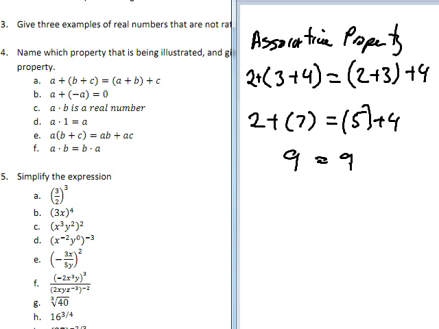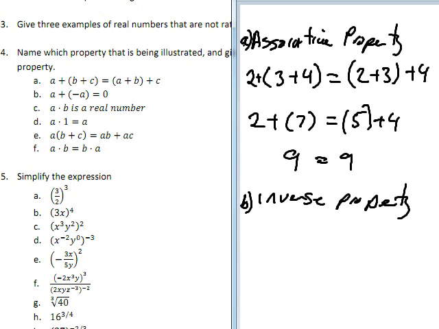We're good to go. The next one we take a look at is A plus (minus A) equals 0. That's known as the inverse property. So that's B, just so they're labeled.